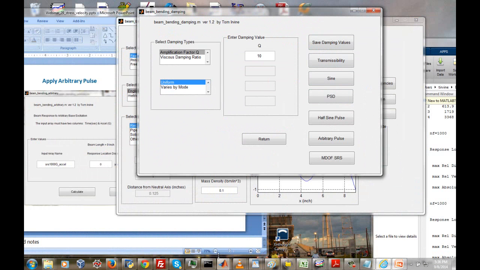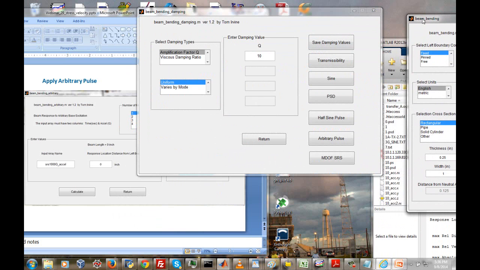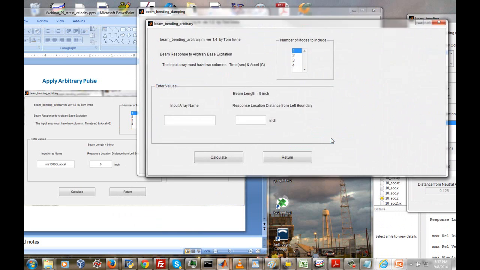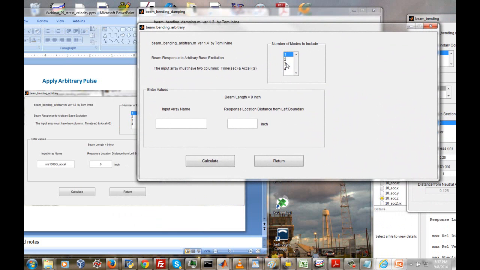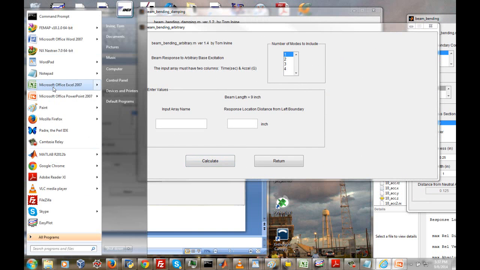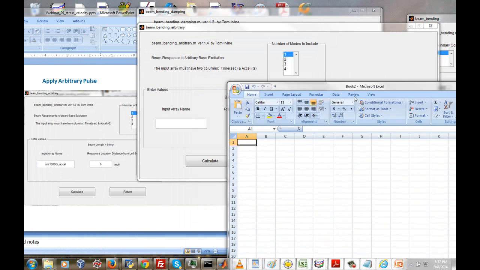So I went down to the MATLAB icon in the system tray. So we've already saved our damping values. We took a look at transmissibility just for fun. Now let's go to our arbitrary pulse, which is going to be that shock pulse we talked about earlier. So we've got different choices on how many modes we can include, and I think I'm going to call up an Excel spreadsheet here, and you'll see why in a few minutes.